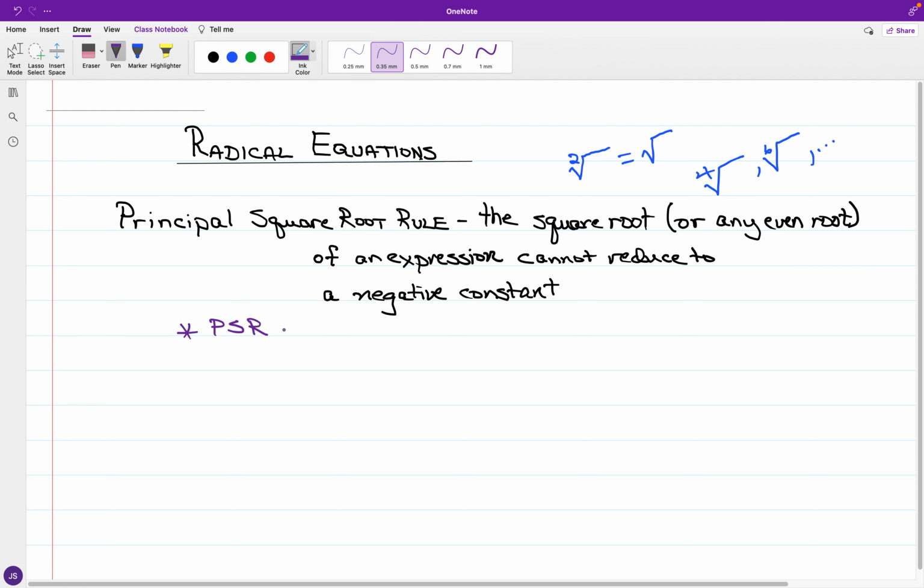But again, the PSR, short for principal square root, does not apply to odd roots, like cubic roots, fifth roots, and so on.